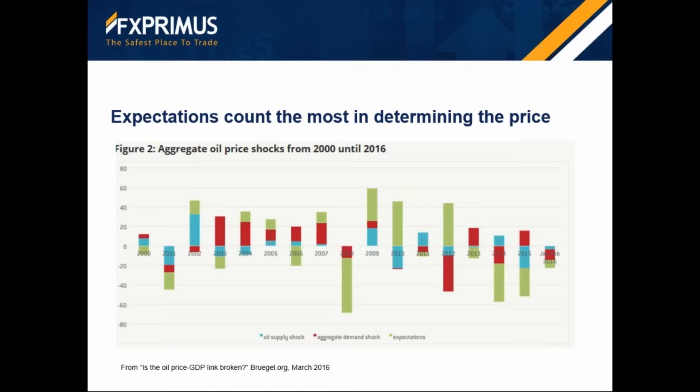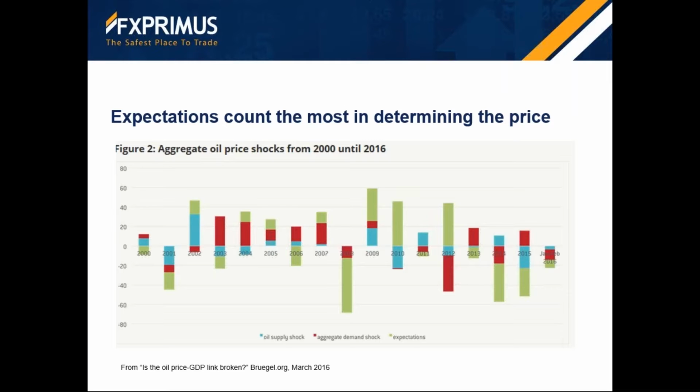According to some researchers at the European think tank Bruegel, since the financial crisis of 2008, the factors moving the price of oil have changed dramatically. Nowadays, actual supply and demand changes account for only about a quarter of the change of prices.